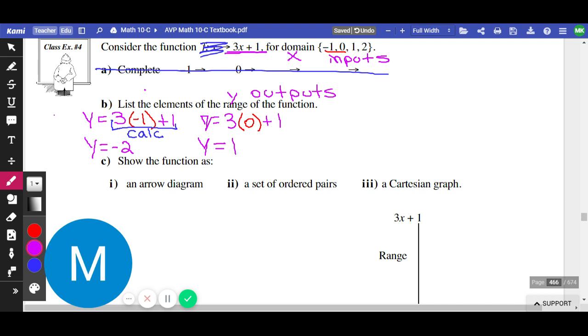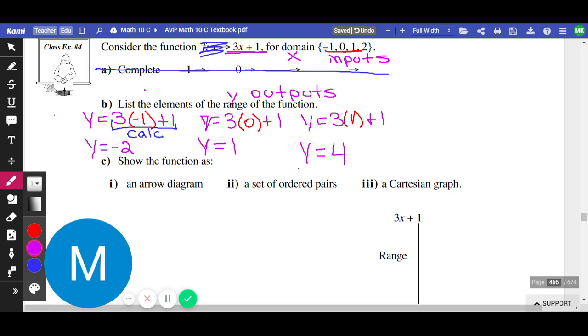That is now my second range value, or my second output. I keep going. I now have a third input value, positive 1. I go back to my equation. y equals 3, instead of x I go bracket, bracket, and then plus 1. Again, I calculate it. I get y equals 4.